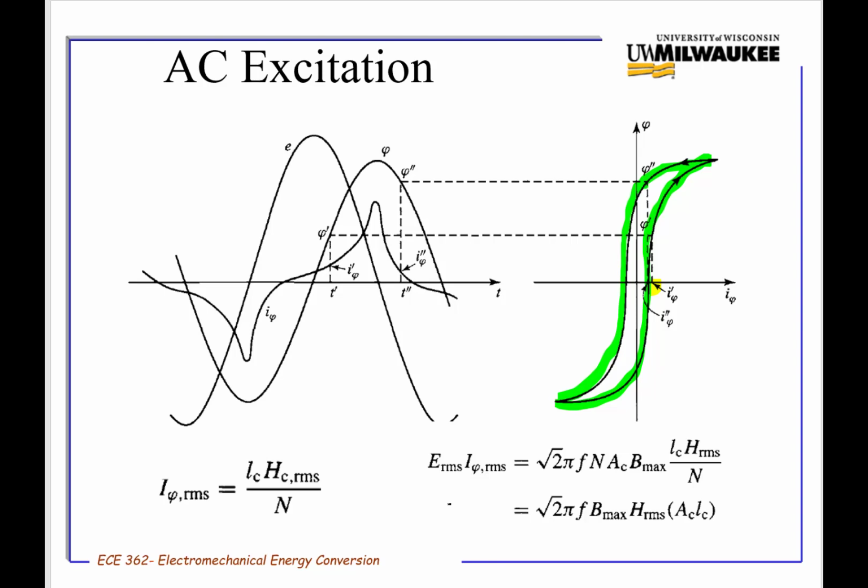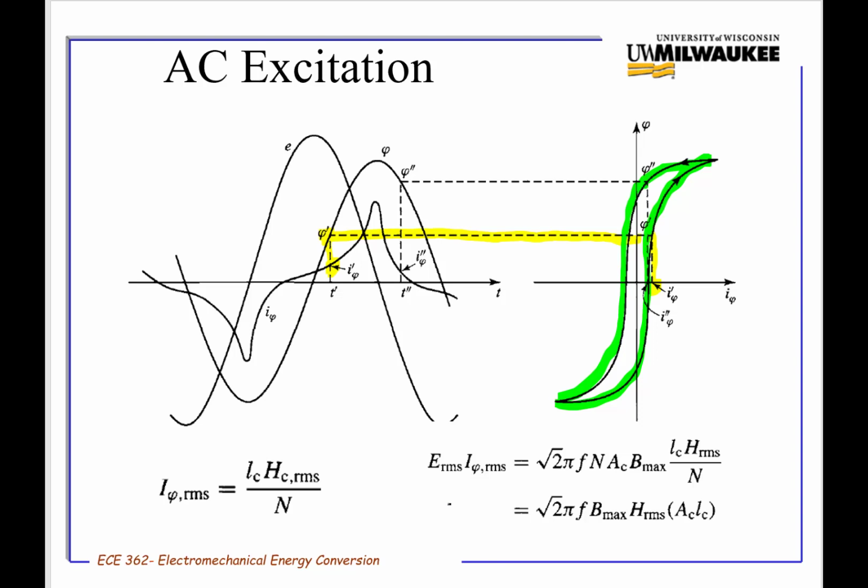What it's telling me is that when the flux is zero, the current is not zero. So this point right here corresponds to a non-zero flux. Here's the current right here that I've just highlighted.